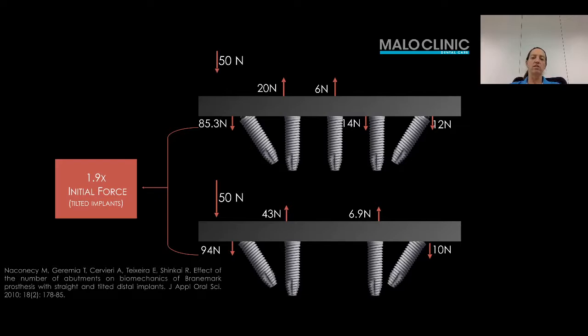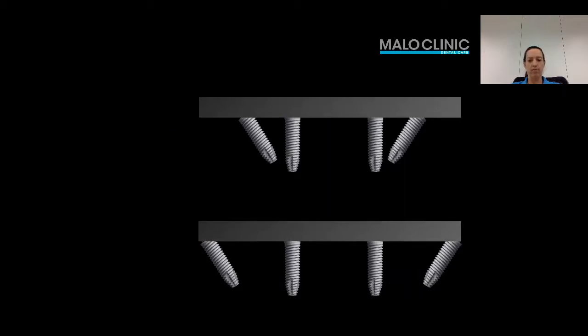It only alleviates about 6 Newton of force in terms of upforce. So when we compare tilted and non-tilted, we can see here that by tilting just the implants, we can reduce the forces that are felt around our implants and around our framework.